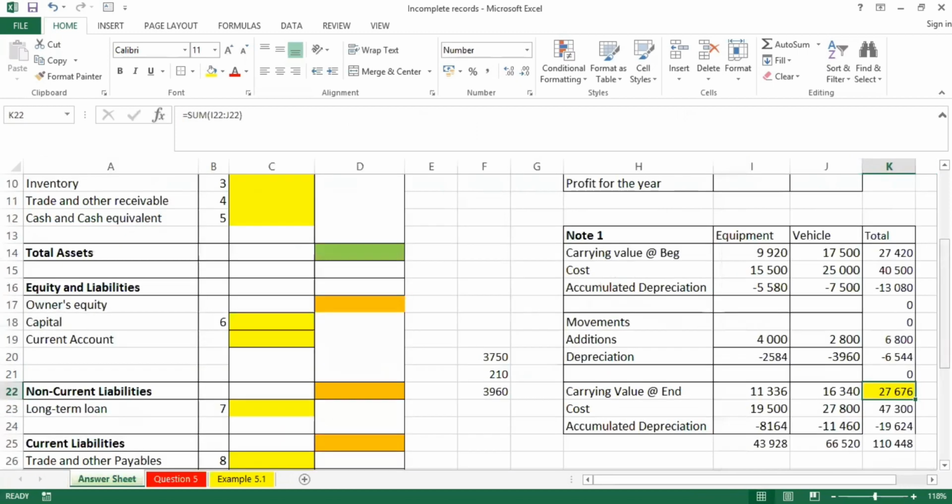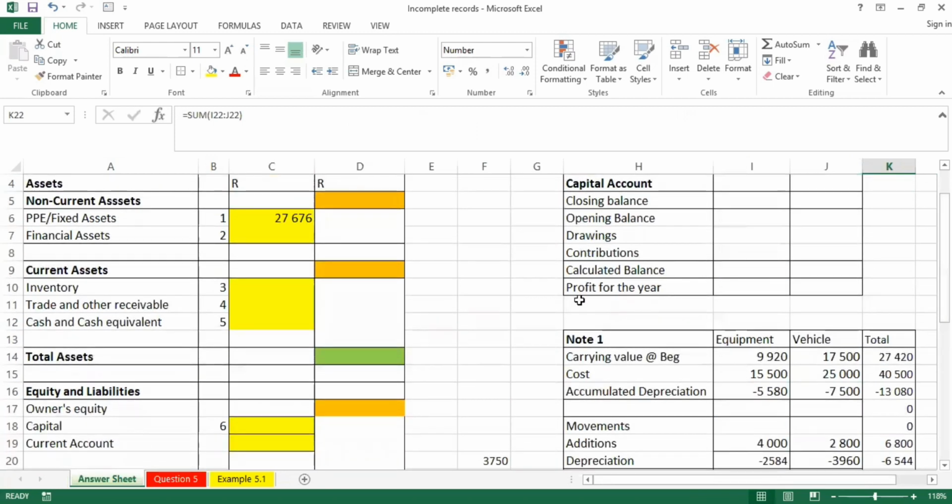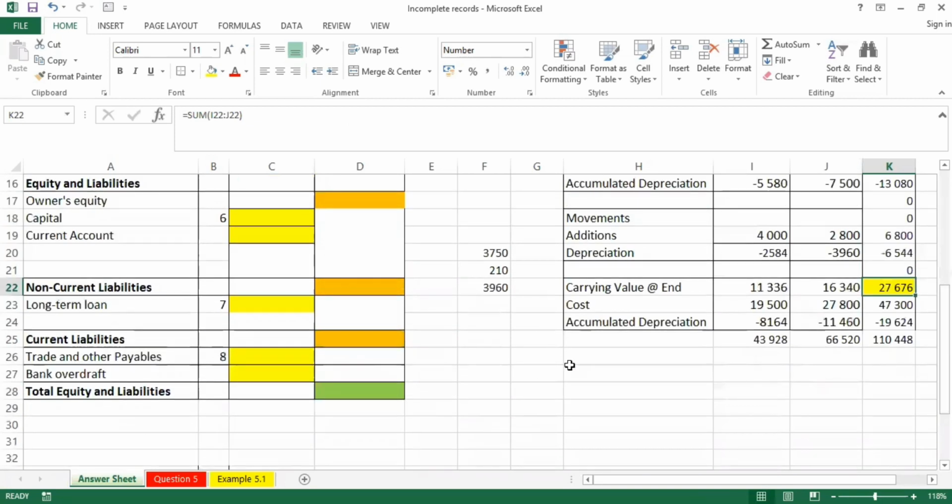So now we're coming to note number 2, which is the one that talks about our financial assets. Let's just do it down here somewhere. Just note number 2, financial assets.